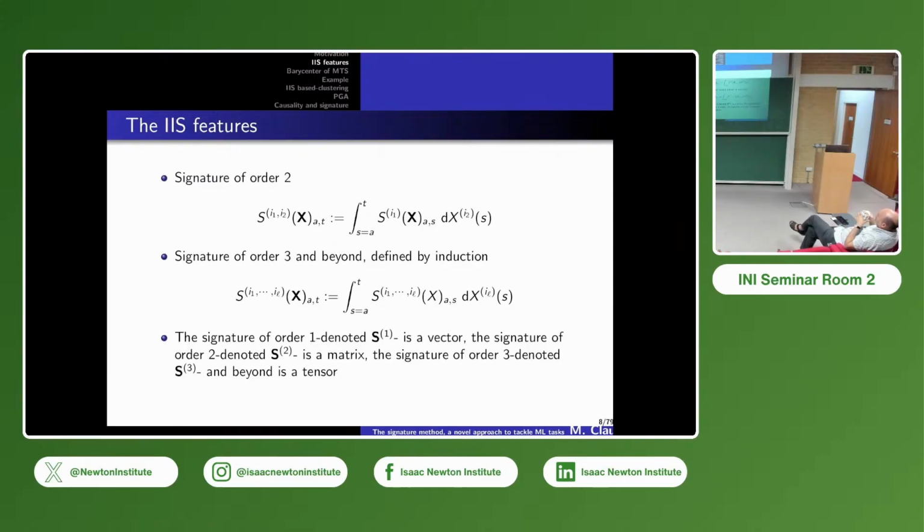But what you can do is use, for example, the Taylor expansion of f, and use recursively the expansion, in a recursive way, this equation to compute the signature.